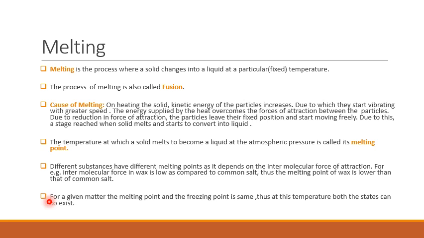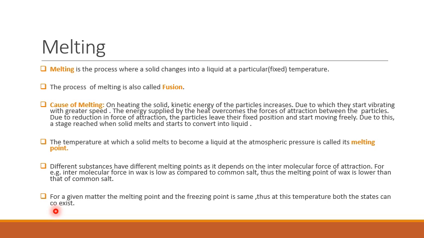One of the important points about melting point is that for any given matter, the melting point and the freezing point are the same. Thus, at this temperature, both the states can coexist.